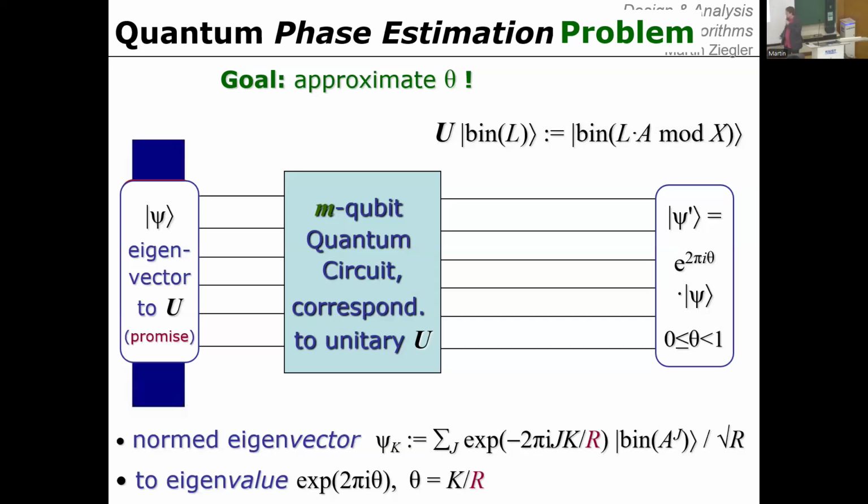Now in the last minute, you might have spotted the gap in this whole endeavor, because remember, the promise to quantum phase estimation is that we're given an eigenvector. How can we prepare this eigenvector? If we can prepare this eigenvector, then most likely we're going to need to know r anyway. And this is where the last equation, summing up all the eigenvectors, comes into account.